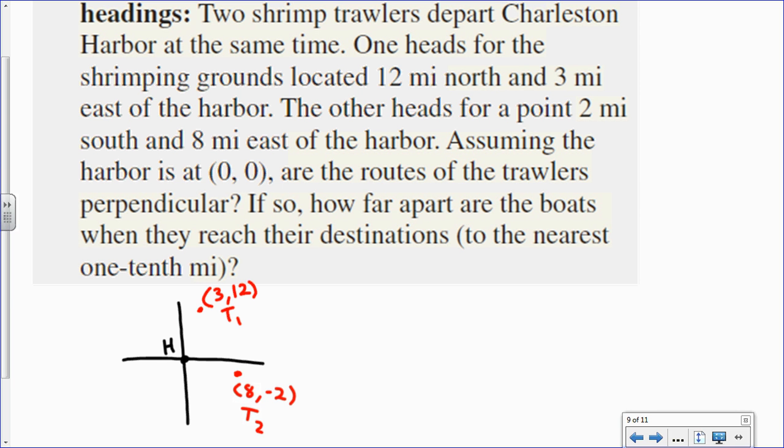So first of all, it says, are the routes of the trawlers perpendicular? So I want to know if those two lines are perpendicular. So slope of trawler 1, just do rise over run. So you go up 12 and right 3.